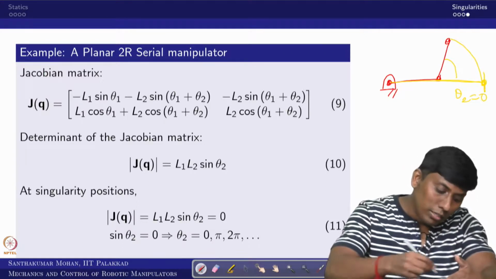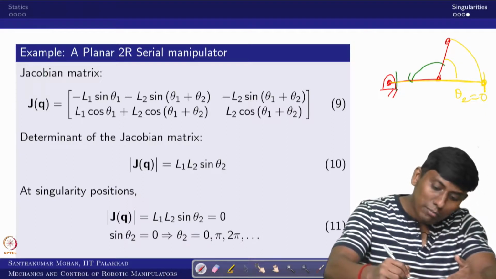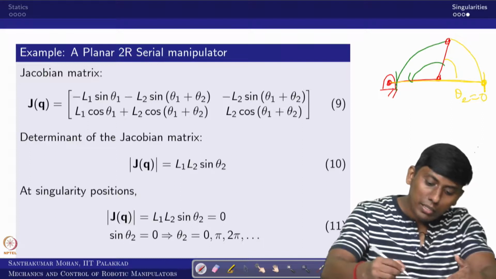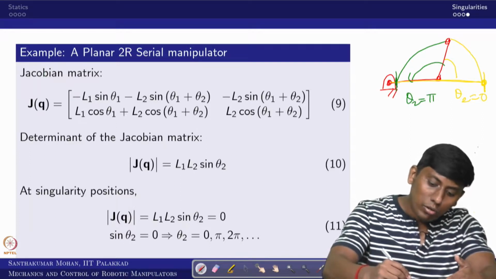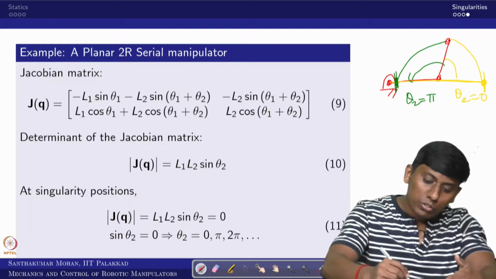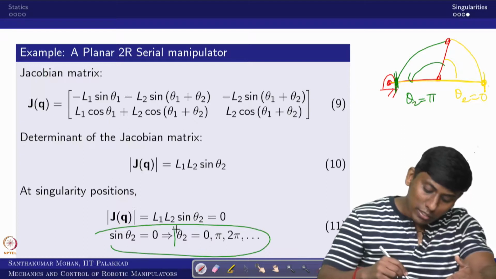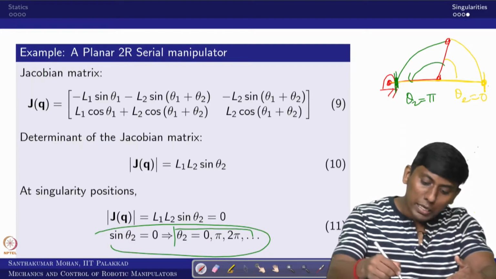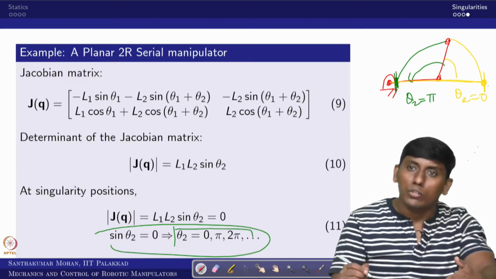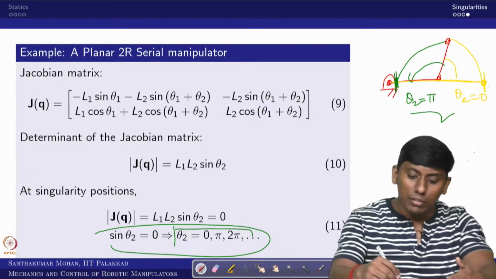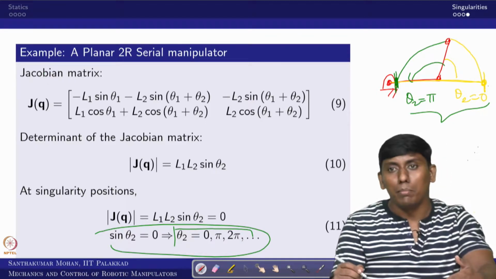Now you rotate to the other side, so it comes here, and theta 2 is pi degrees. In this case it is also a boundary. So these two boundary singularities are realized from this case. When theta 2 is 0 or pi, 2 pi is again equivalent to 0 and 3 pi is again equivalent to pi, right? So these are the two singularity conditions for a planar 2R serial manipulator.